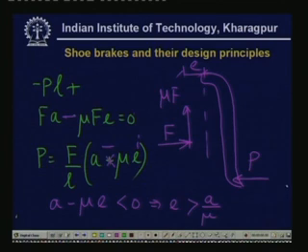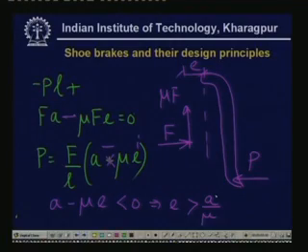That means we have to apply the force in the other direction if this situation occurs, and this is the case of self-locking system. In order to disengage the brake, we will have to apply this force. So this friction acts in such a way that it automatically locks itself, and we have to give opposing force in order to disengage the brake. So this is the self locking effect of the brake.